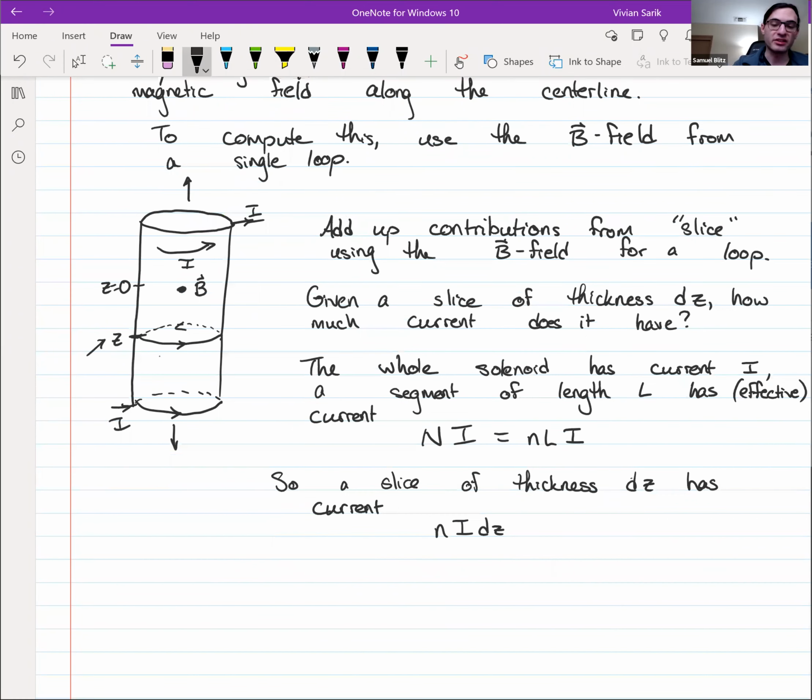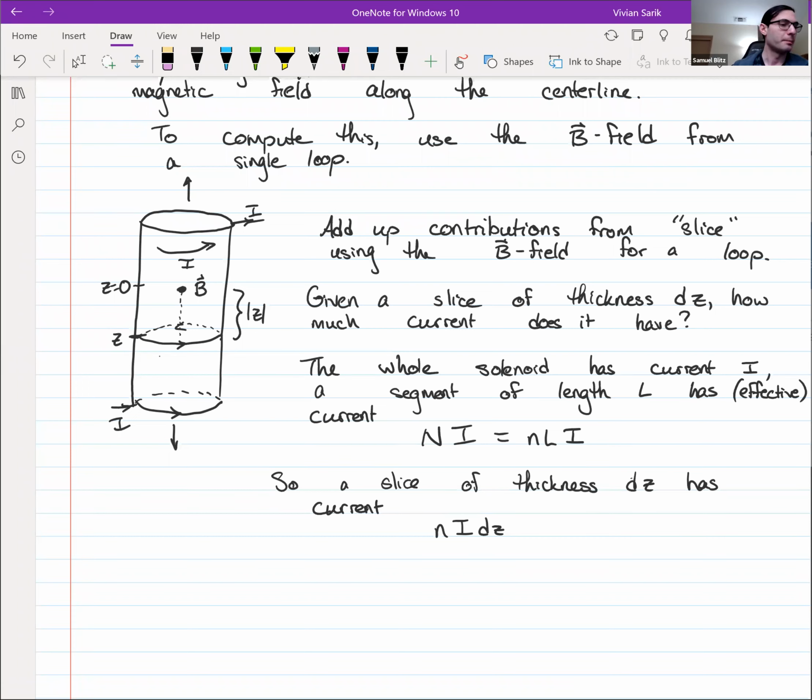It's still true that this distance would be the absolute value of z, and that's only the case because in this case, z is negative because it's below the z equals 0 line. That's all. Sorry for that bit of a ramble, but I wanted to make sure that this picture is clear.